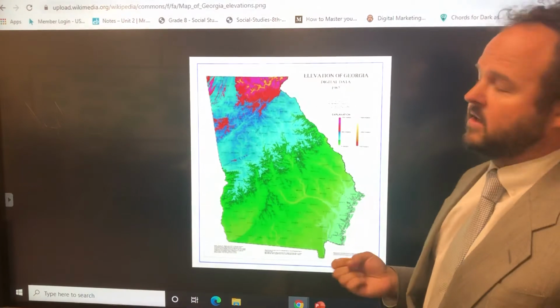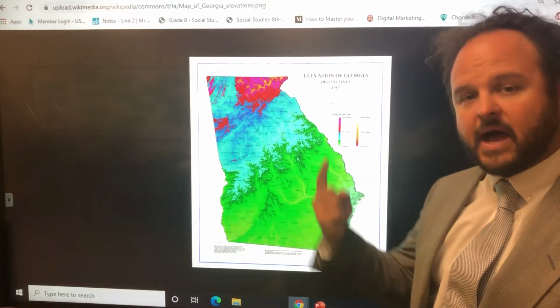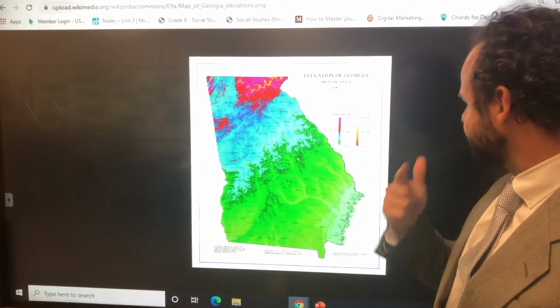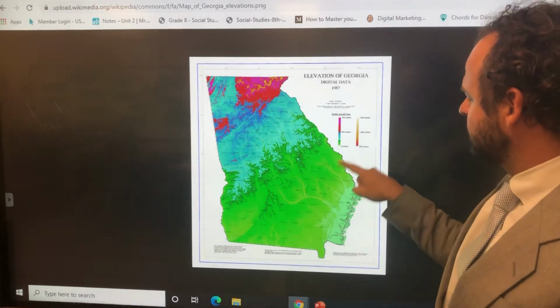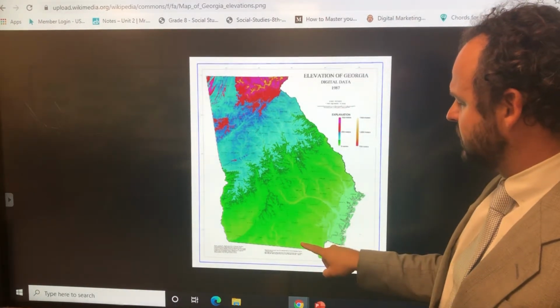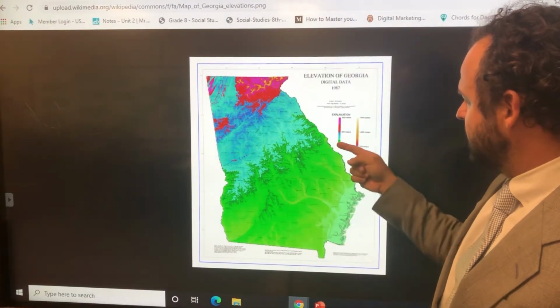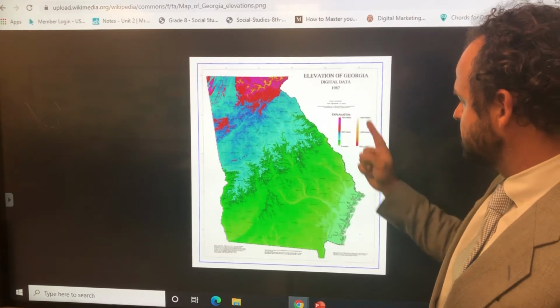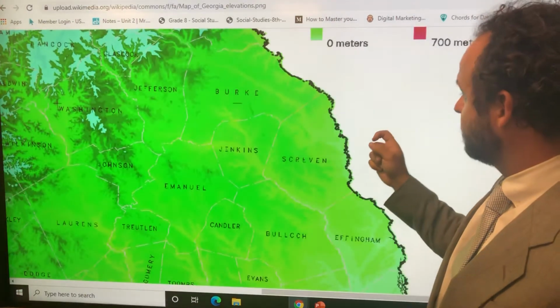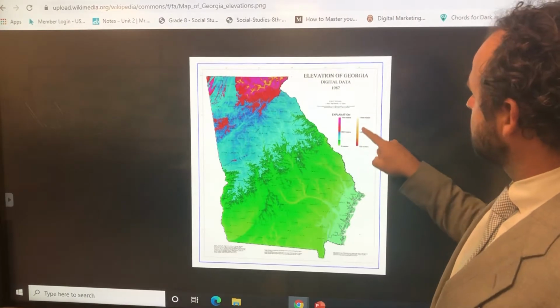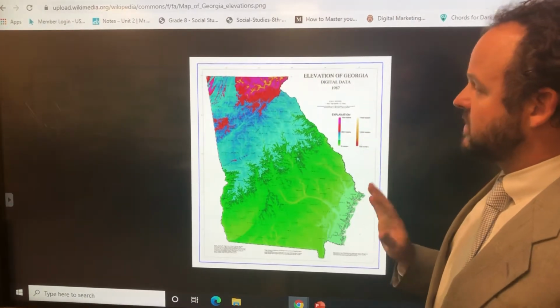So the hotter the color, the higher in elevation you're going. If you're in green, you're really low to the ground. And as you go up this scale, it ends here, starts again here, and keeps going all the way until it almost turns white.